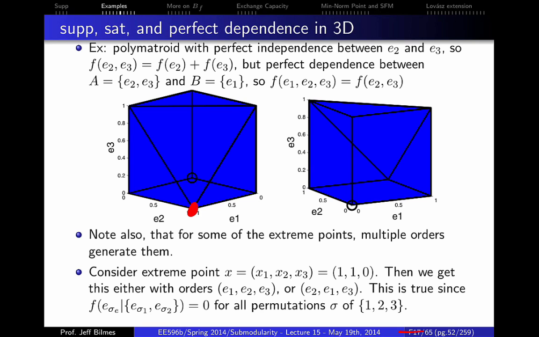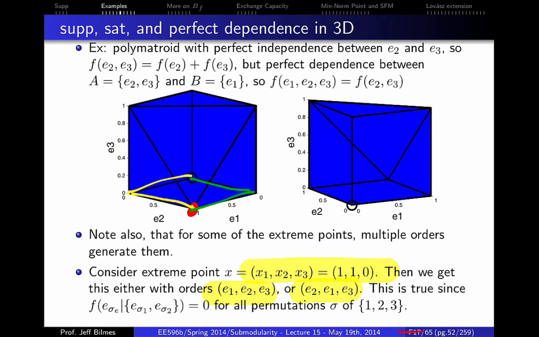We could do E1, E2, and E3, which doesn't move us anywhere, right? Because E3 given E1, E2 is equal to 0, as we saw. Or we could get it with E2, E1, and E3. Again, because the E3 direction given E1 and E2 is equal to 0. So both of these orders generate that same extreme point, 1, 1, 0.